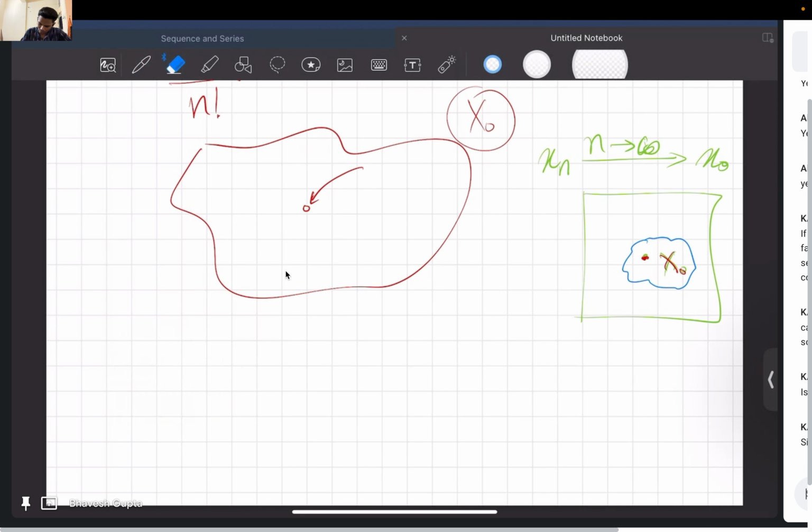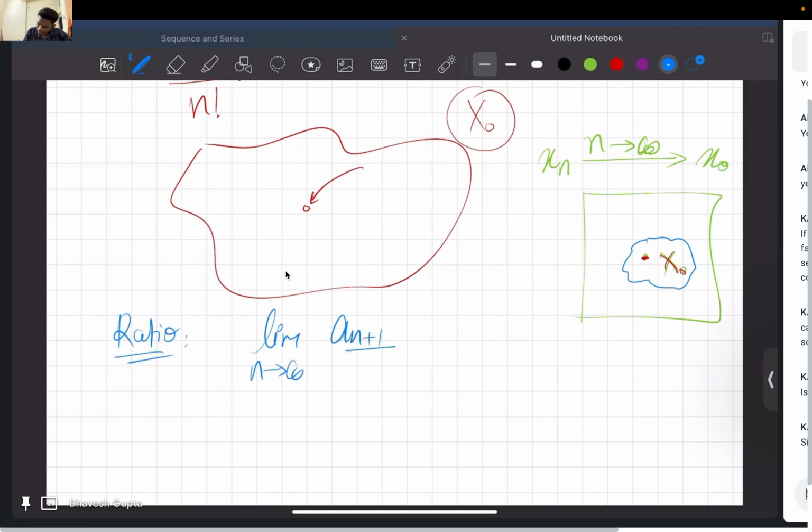I'm saying this because of the ratio test, which is the limit as n tends to infinity of a_(n+1) over a_n, which gives us L. Based on that L, you say whether it's convergent or not. If L is greater than 1, it's divergent. L equal to 1, you cannot say anything. L less than 1, it is convergent. And the radius R turns out to be the inverse, 1 over L.